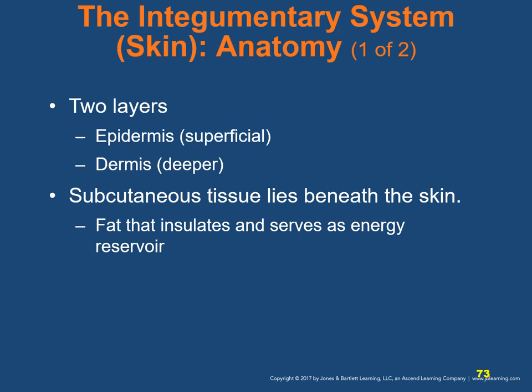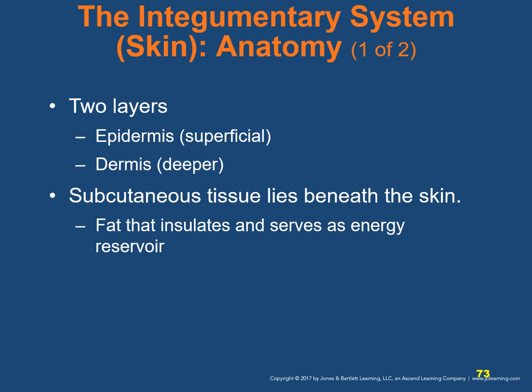Then you have the dermis, which is the deeper portion of the skin, and this contains special structures of the skin. It contains the sweat glands that produce sweat for cooling the body, subcutaneous glands that secrete sebum, which provide waterproofing and softening, hair follicles that are small organs that produce hair, blood vessels that provide nutrients and oxygen to the skin, mucous membranes that cover bodily orifices such as the mouth, nose, and vagina, and provide a protective barrier like skin, and secrete mucus, which is a watery substance that lubricates these openings.